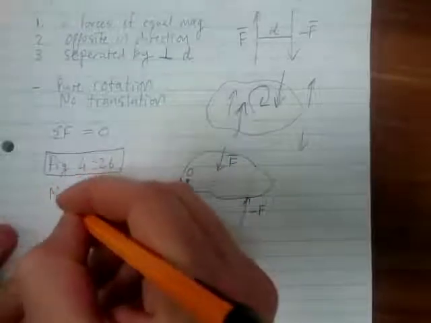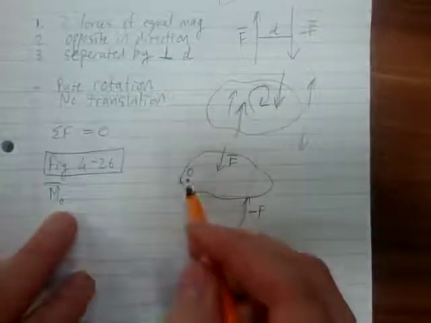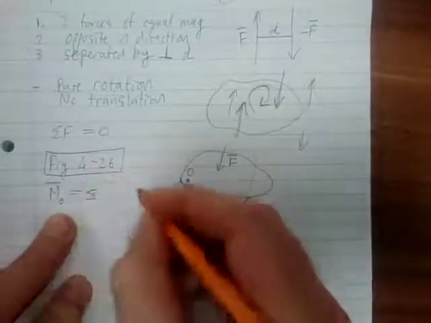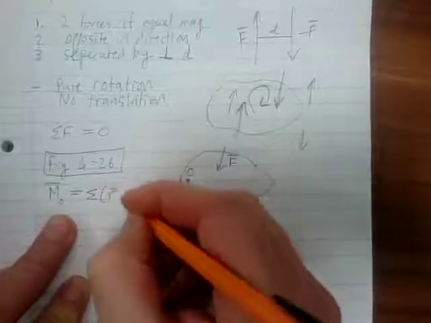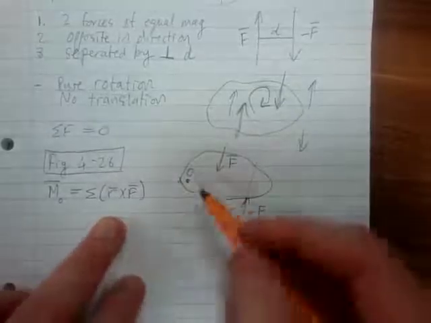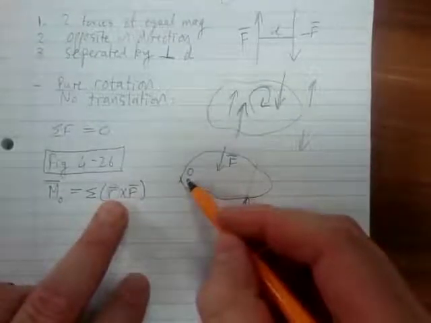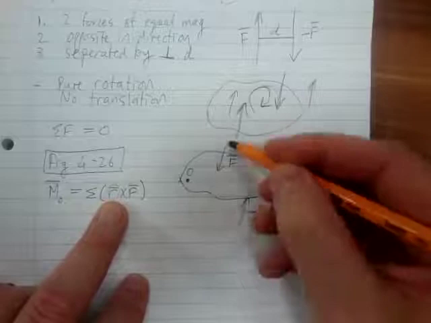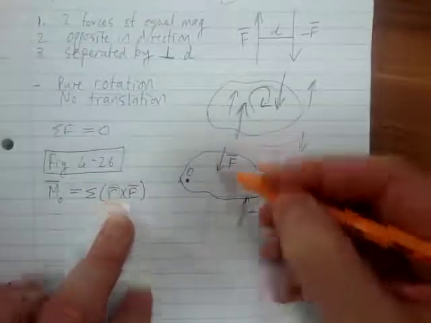If we wanted to find the resultant moment about O, we would say it's the sum of R cross F, where R is simply a position vector from the point of rotation to any point along the line of action of each of the forces.